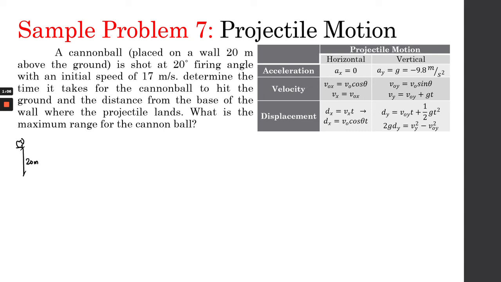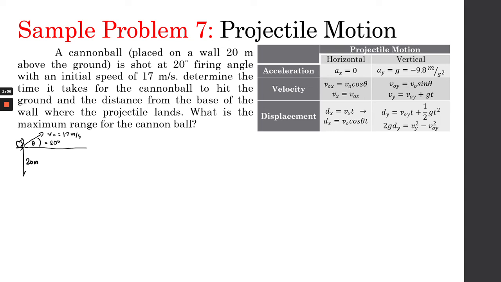It is shot at a 20 degrees firing angle with an initial speed of 17 meters per second. So let's think of this as the horizontal at the cannon itself. And then it is shot, the angle is 20 degrees, and the initial velocity is 17 meters per second.